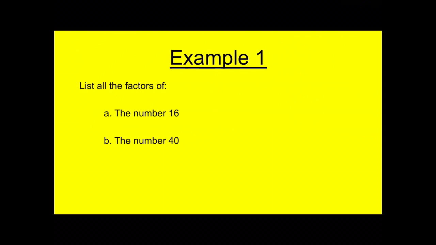Example 1. List all the factors of A, the number 16, and B, the number 40.